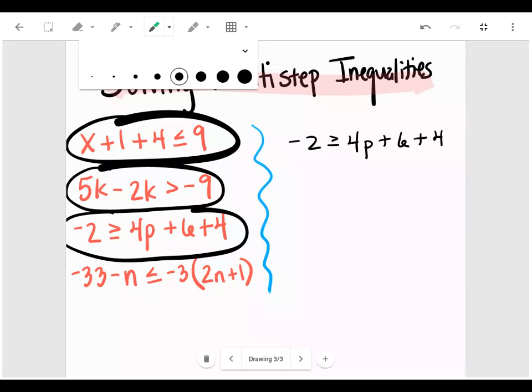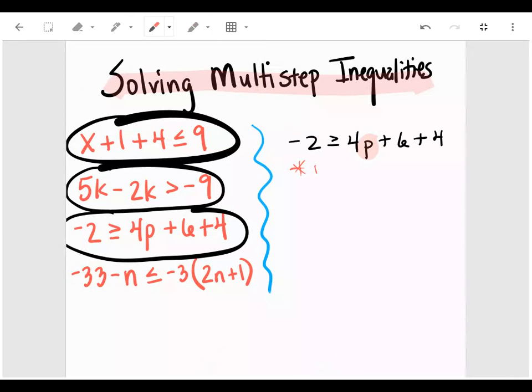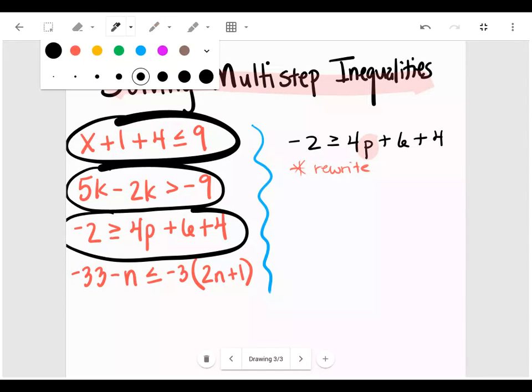And as you're thinking about this one, what's the first thing you notice? Well, hopefully you notice that there's a variable on the right side, so we need to rewrite this one. I would strongly suggest it. Now, you can solve it and get it correct without doing that, but it saves you such a headache if you go ahead and just rewrite it. Just from my experience, just trust me.